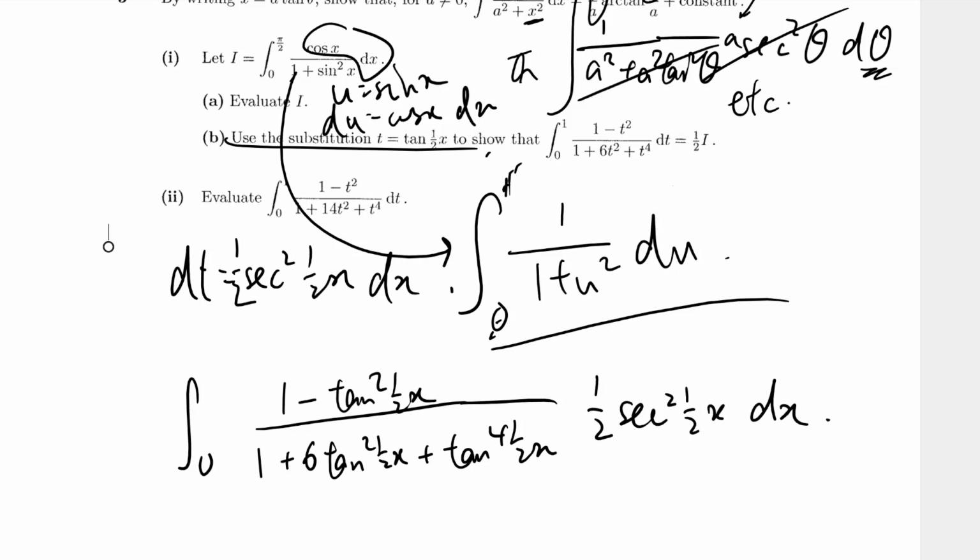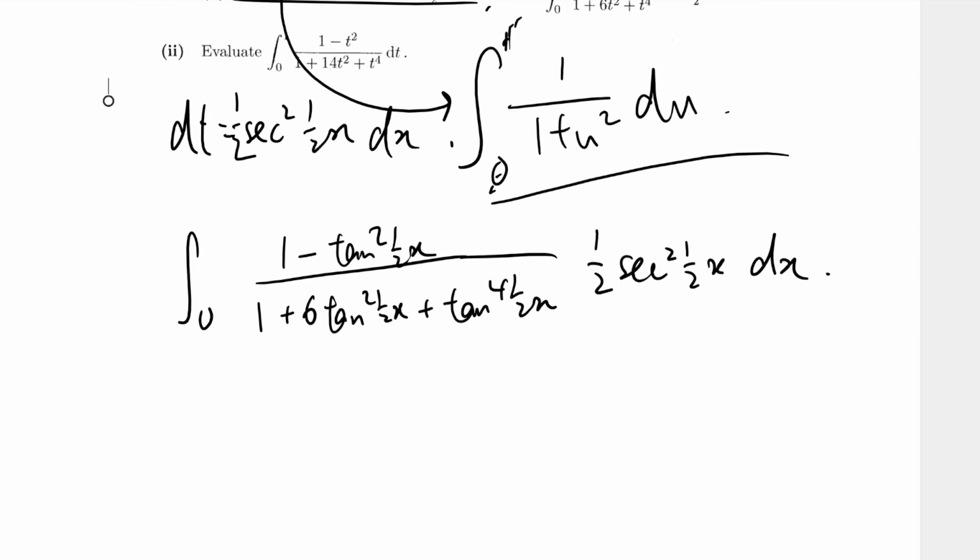Well then, I think what remains is just a brute force sort of thing. There's nothing special at this point. The boundaries I'm not going to write. So let's multiply top and bottom by cosine squared, let's say.